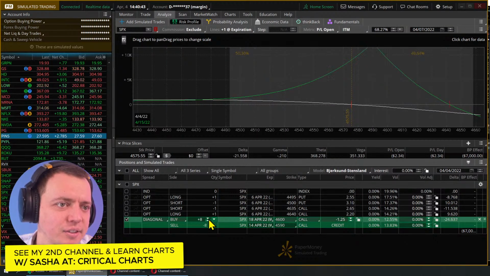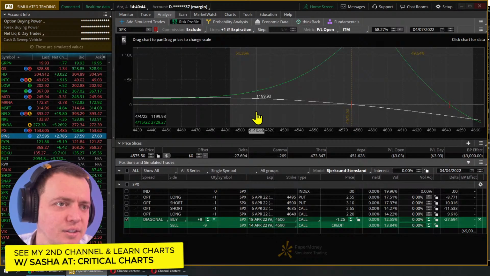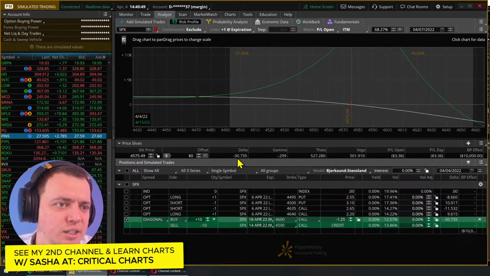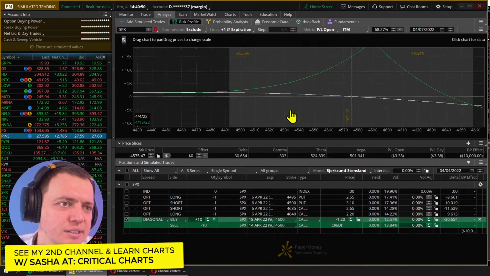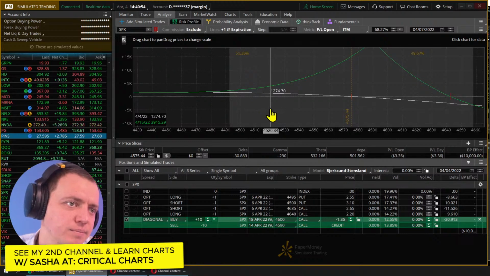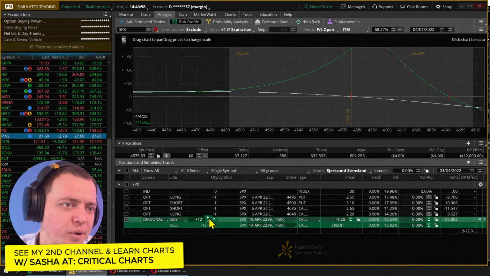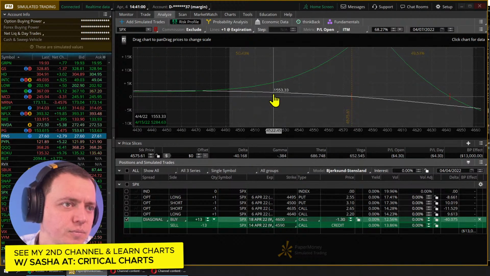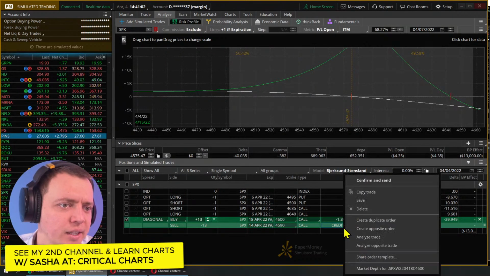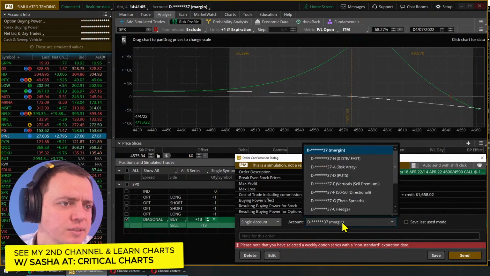Nah, it's not enough. There we go. If it pulls back, I need much more deltas. Negative 30 delta, because now if it pulls back, you're up maybe $1,000 or $2,000. But on that portfolio, we want about 40. Okay. So something like this, 13 contracts.